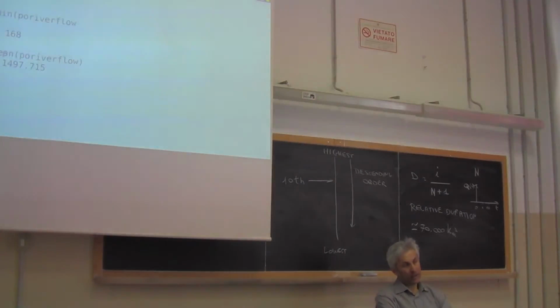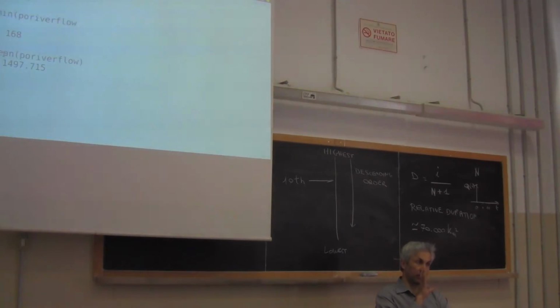Now, another important indicator of the river flow regime is the variability, because the average is a central tendency. I hope you understand me.